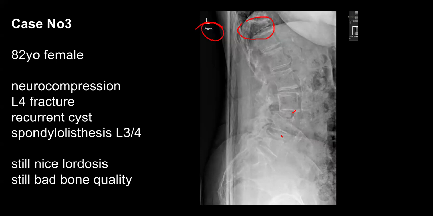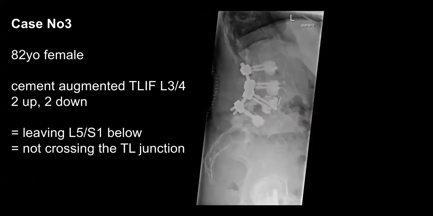And I told her we have to fix the problem at L4, the 3-4 now. We have to make the construct longer, but this will not be the last surgery for you. And she knew this, and she accepted this. So I did this. I did a cement augmented TLIF.